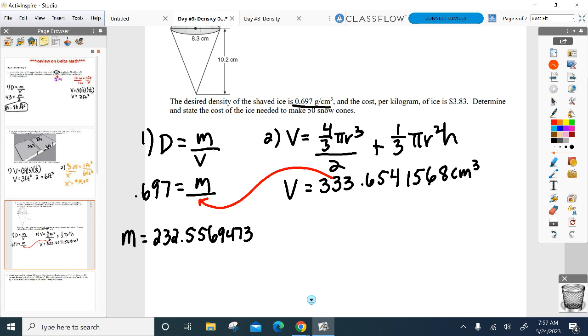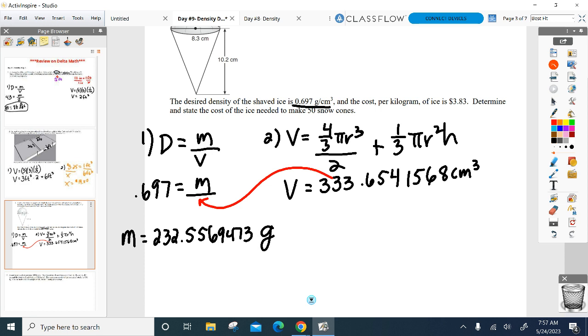This is why this problem becomes a little tougher. Anybody issues with the mass? What's this in? Go back to your density. What's this in? The mass. This is in grams, isn't it? Got to make sure we're aware that my mass in this one is in grams.